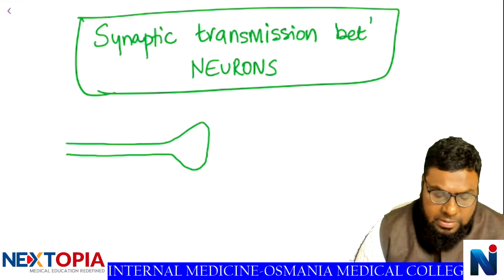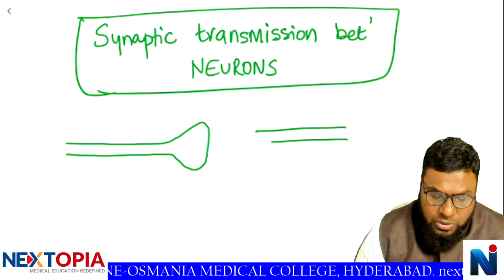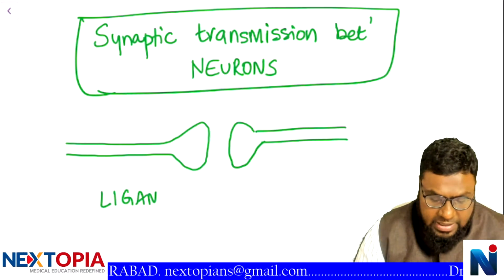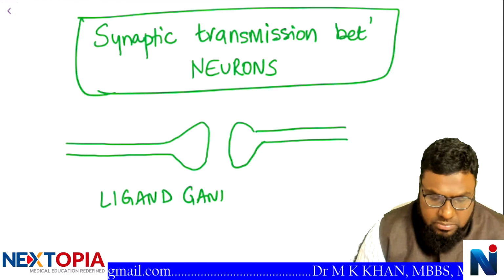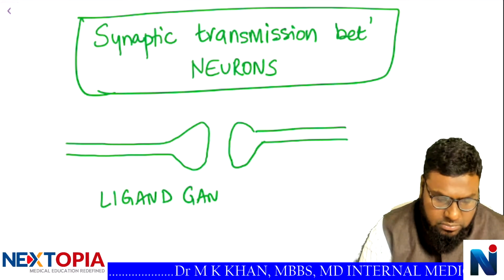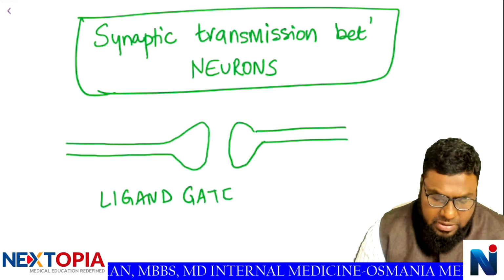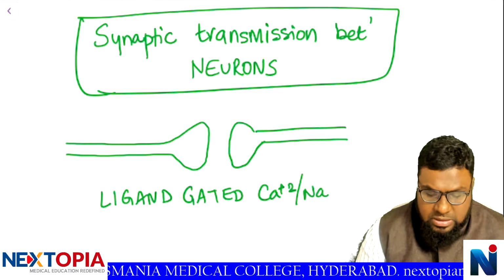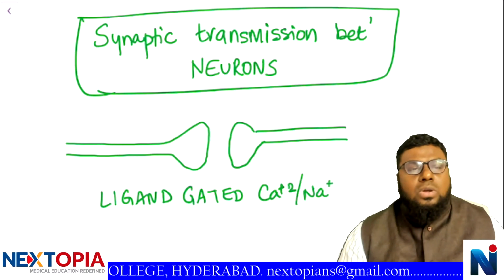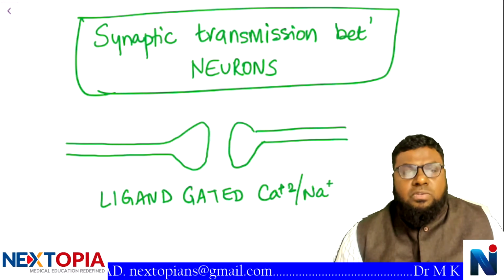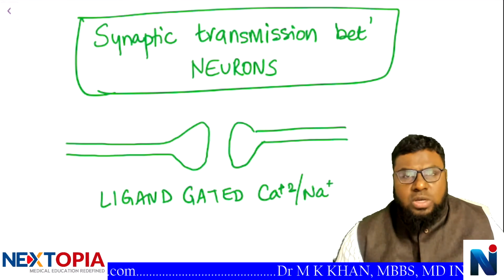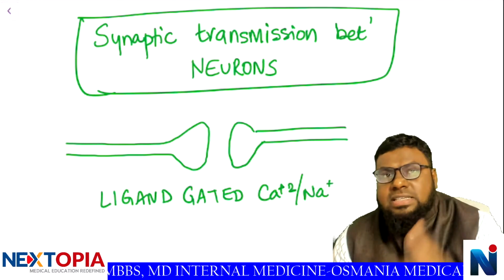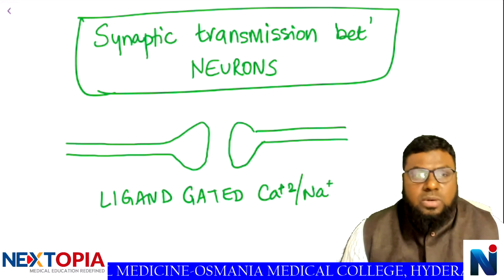Please remember that the synapse between two neurons is actually mediated by ligand gated calcium channels or sodium channels. The current that is produced from one aspect of the axon travels across this axon, reaches the dendrite, and from there it reaches the cell membrane of the next neuron.